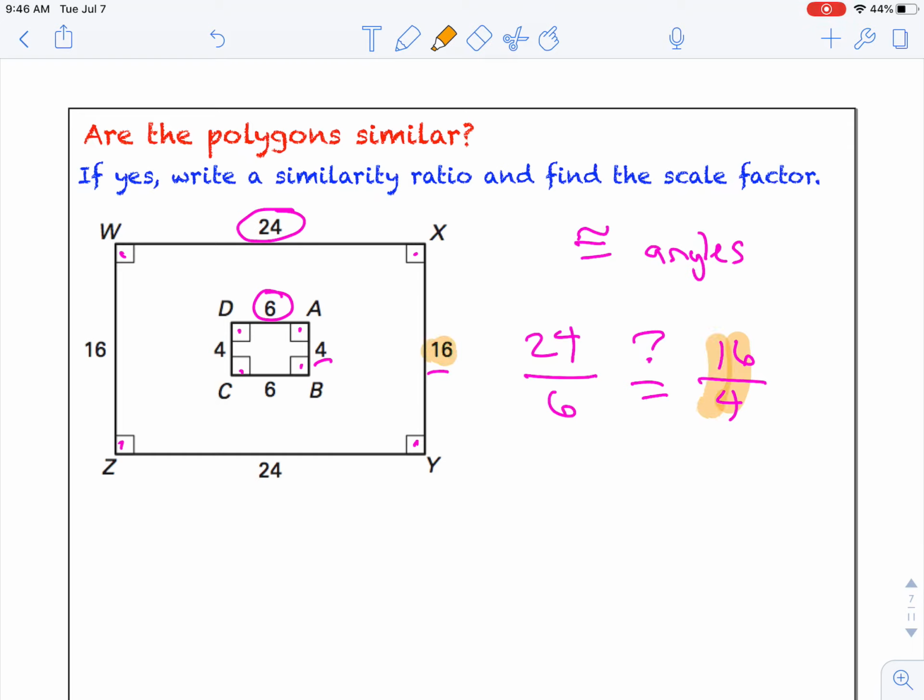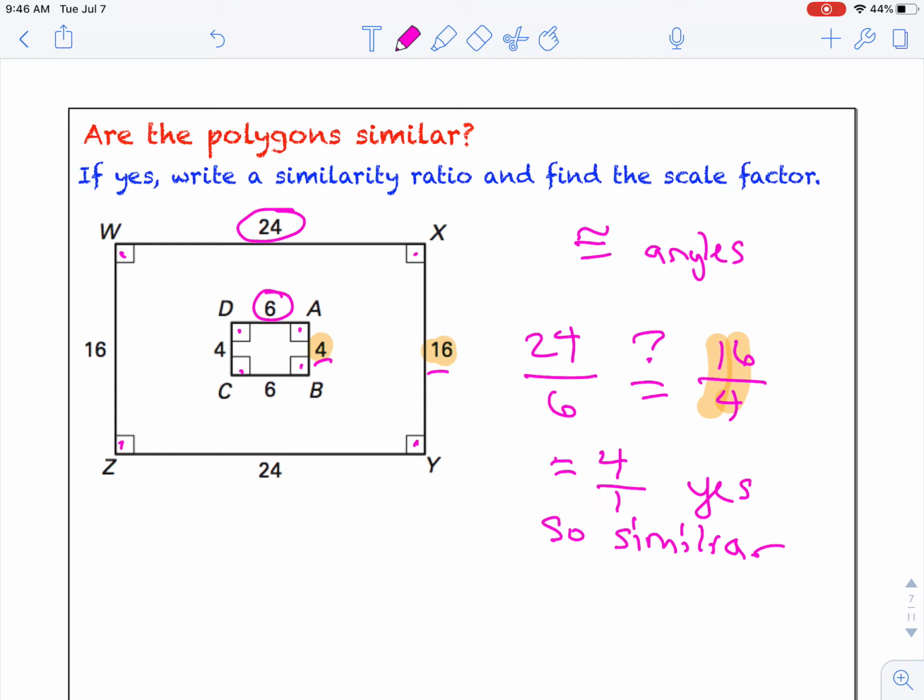Again, notice I have to make sure that I'm writing them large to small, and since both those equal 4 over 1, then yes, they're similar.